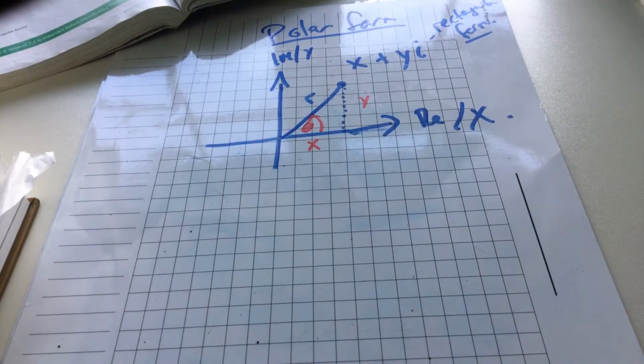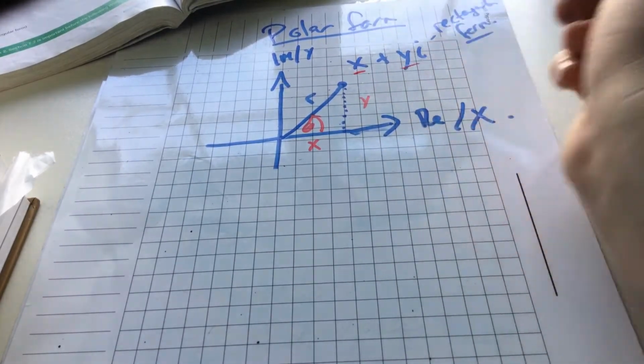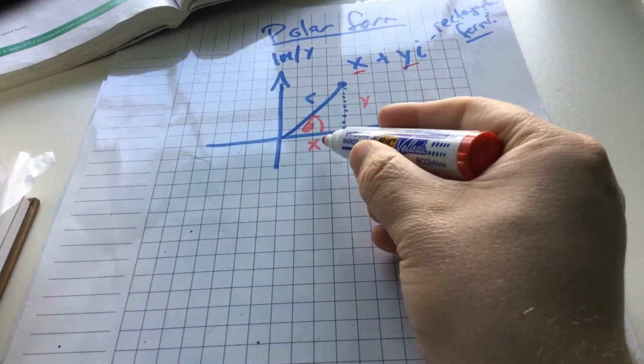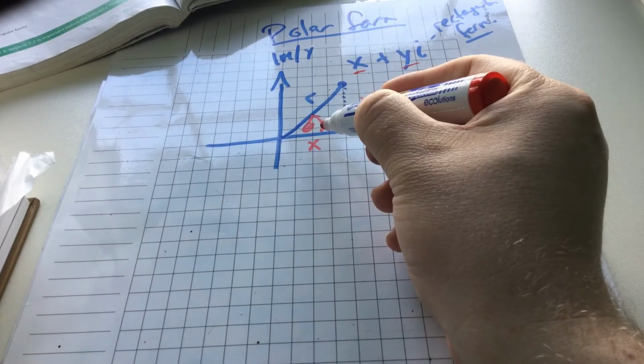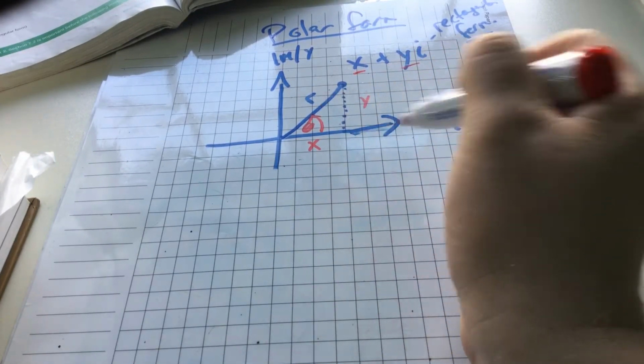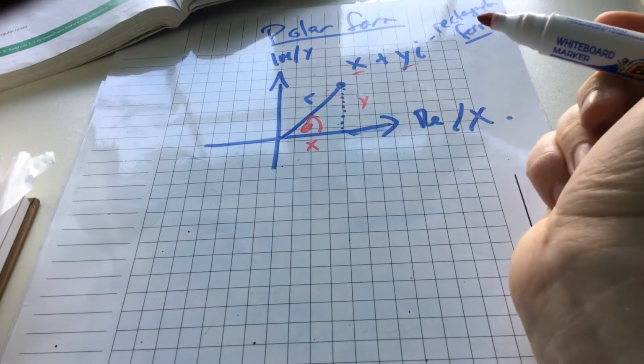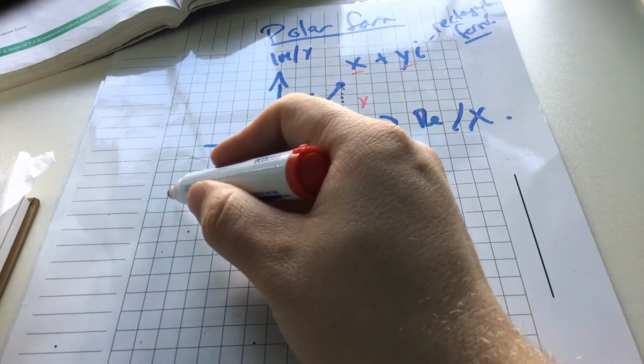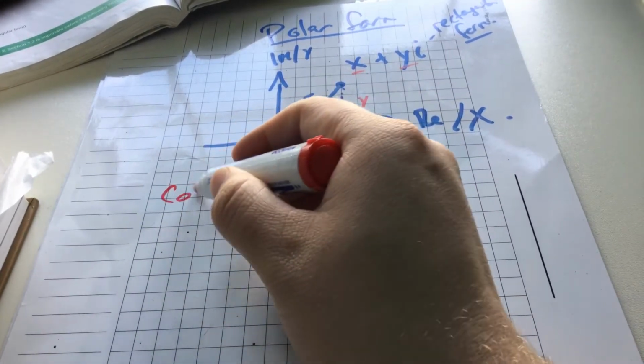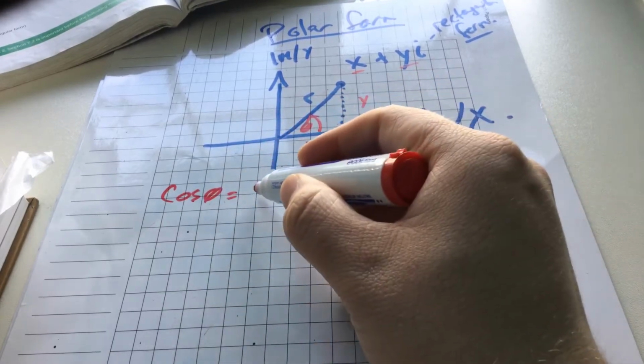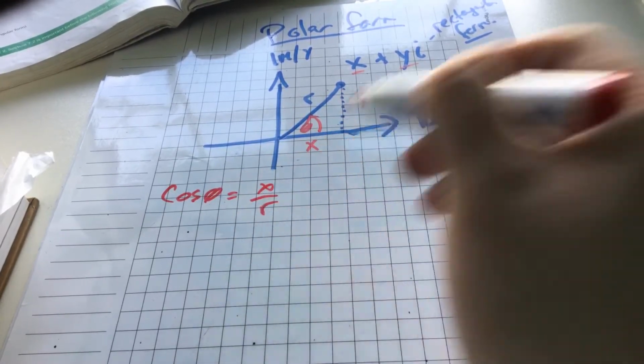Now, if I wanted to rewrite this differently, I need something new for x and something new for y. So taking x, using the argument, the angle to the positive real axis, and the modulus, I'm going to use cosine of the argument equals x over the modulus.